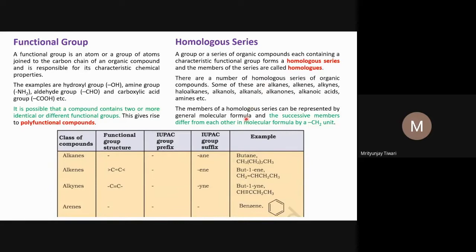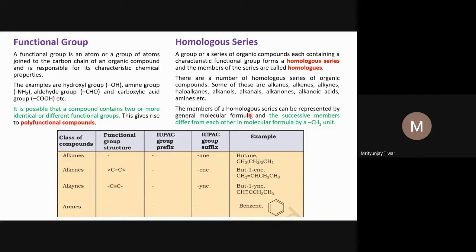The members of a homologous series can be represented by a general molecular formula. So each homologous series can have one general molecular formula. For example, alkanes. We know the general formula for alkanes is CnH2n+2.